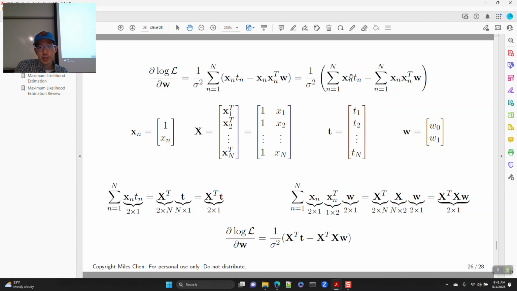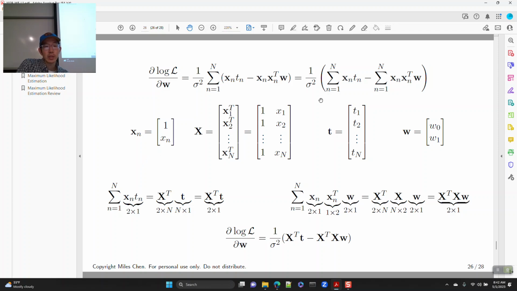So let's take a look at this term, the summation of x of n t sub n. This is a 2 by 1 thing, and if I expand to big X, that's going to be big X transpose, which is 2 by n. I can multiply that by t, which is n by 1, and we're going to get a 2 by 1, okay? And we can ask, is this equivalent to doing x of n times each t and then summing them up?